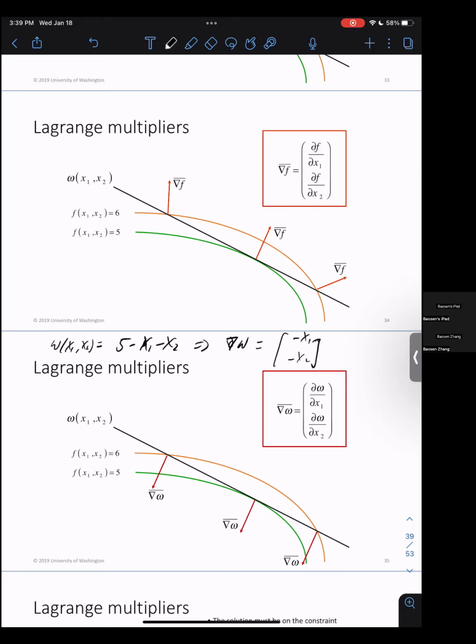That's mathematically how you check. So instead of wanting to be perpendicular to the blue line, it's equivalent to being parallel to the normal of the blue line. To get the normal vector of the constraint, you can take this derivative. The partial derivative is a normal that's perpendicular to the constraint itself.